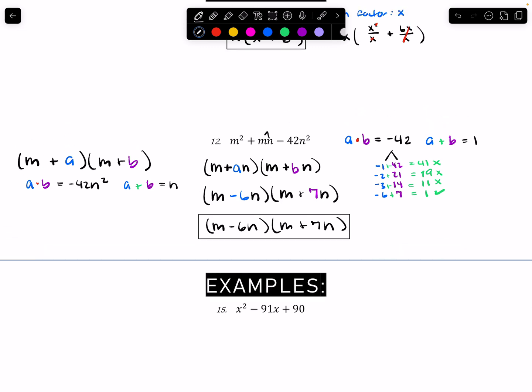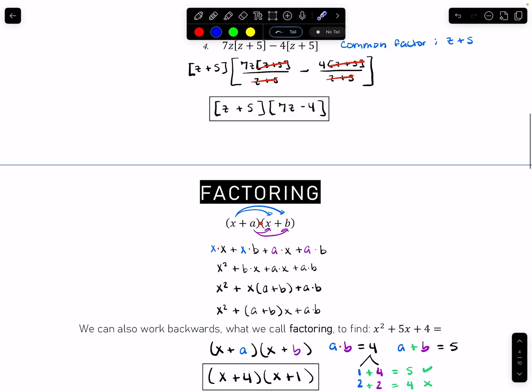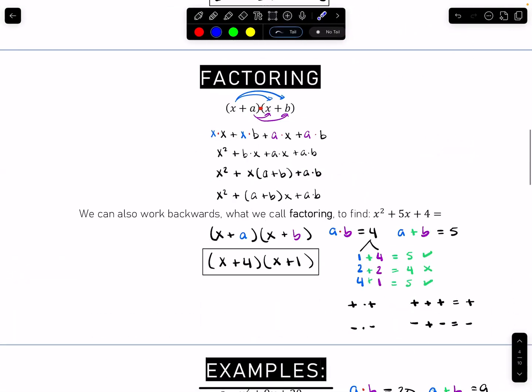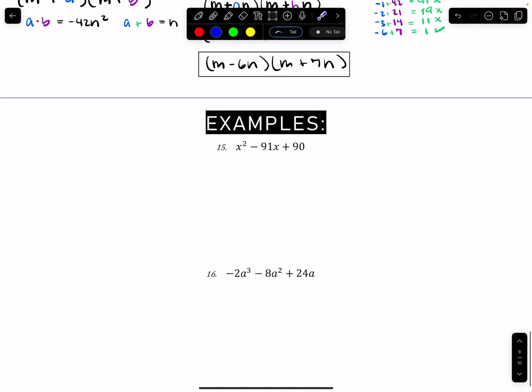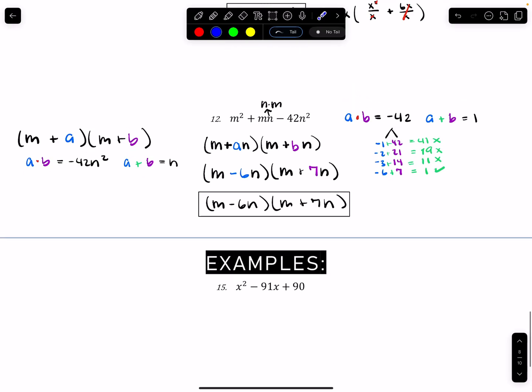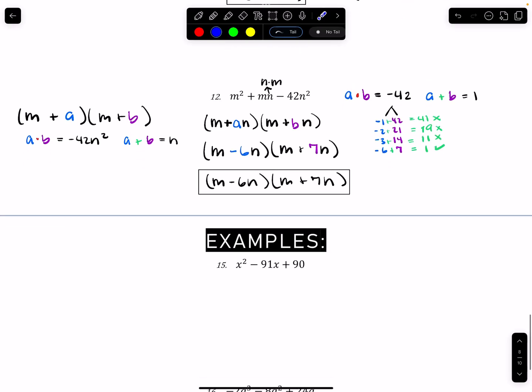Because remember, they add to give you the thing connected to the m or connected to the x, right? All right. Either way, you get m minus 6 and m plus 7.